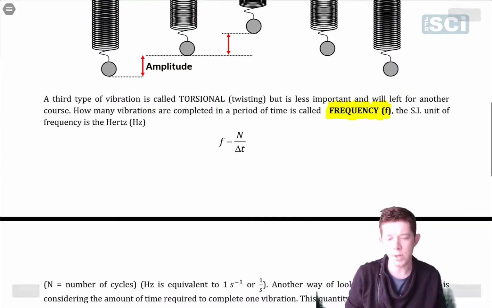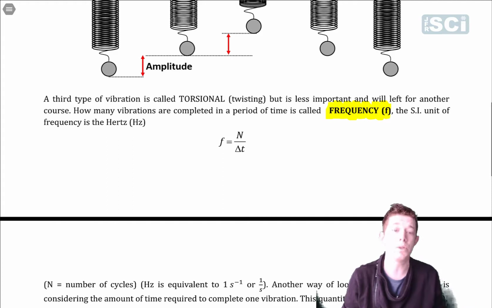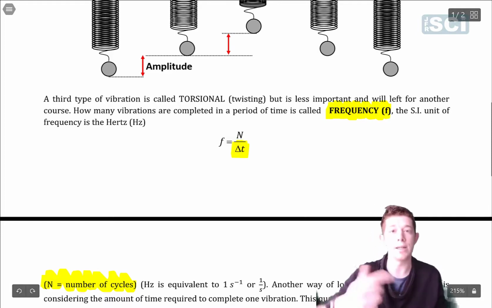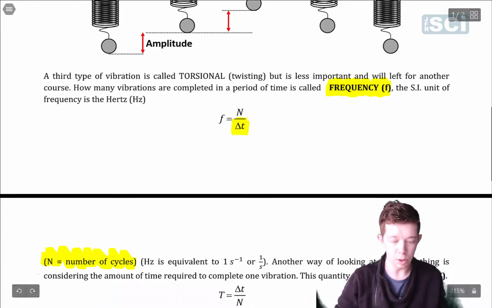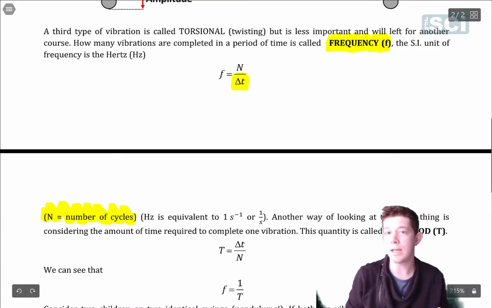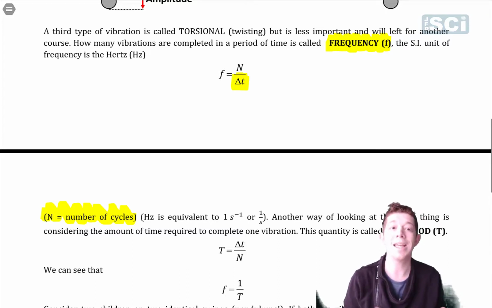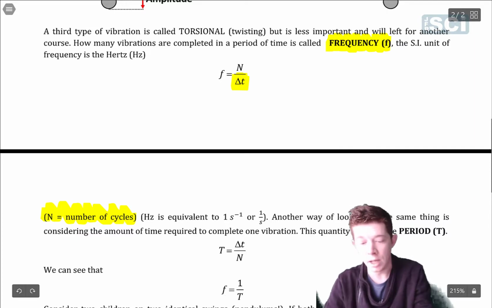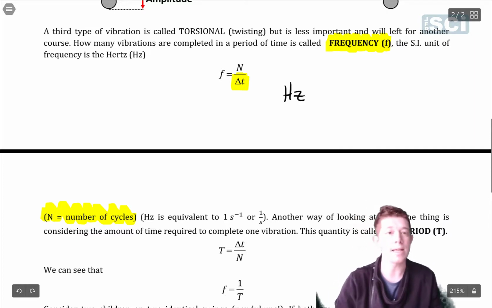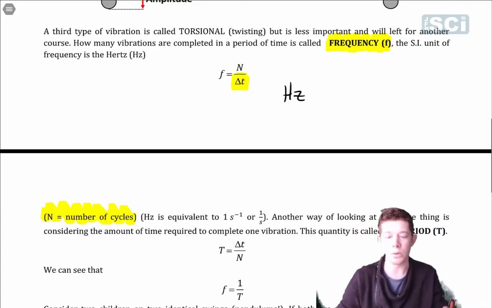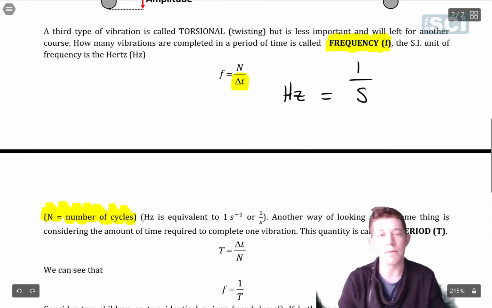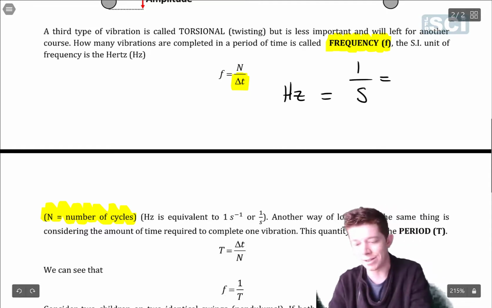We say that the frequency F is equal to the number of cycles, N, divided by the time that we allow this to happen in. So the units for frequency is measured in hertz or inverse seconds. So that's one thing that has a misconception. Students often think that hertz is a special type of unit. Well, a hertz is just simply 1 divided by a second, or an inverse second, so seconds to the negative 1.